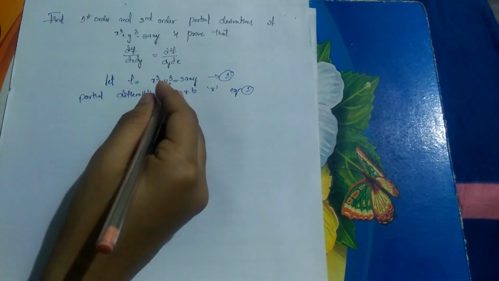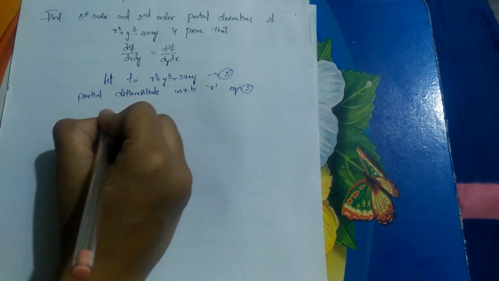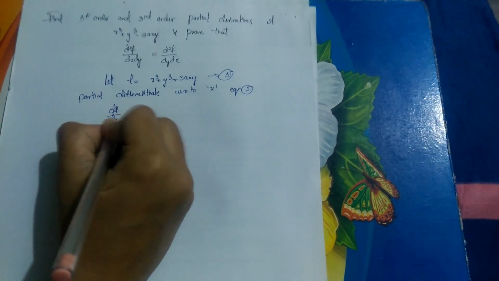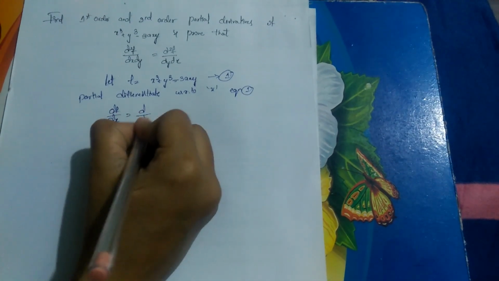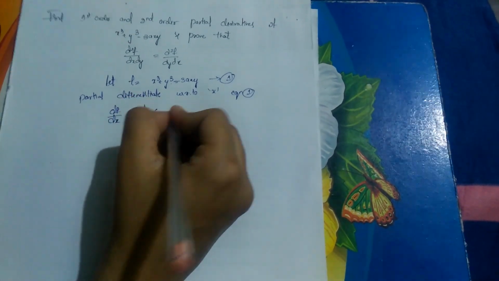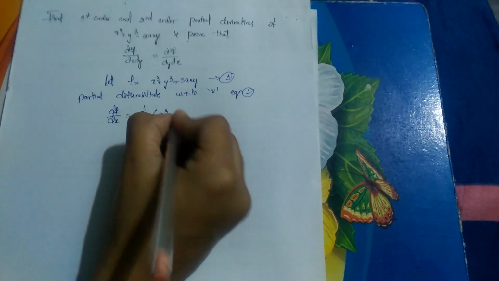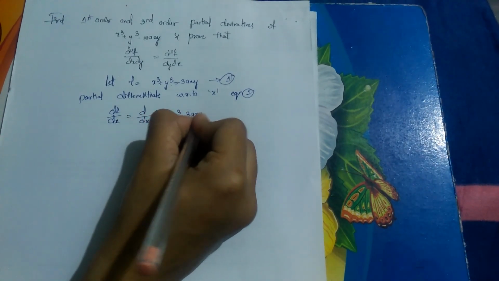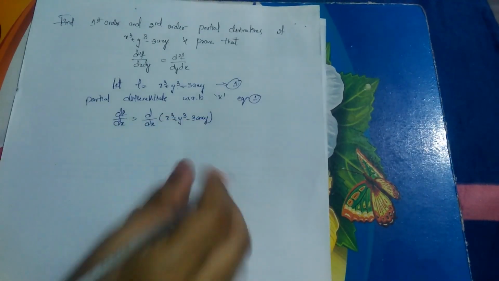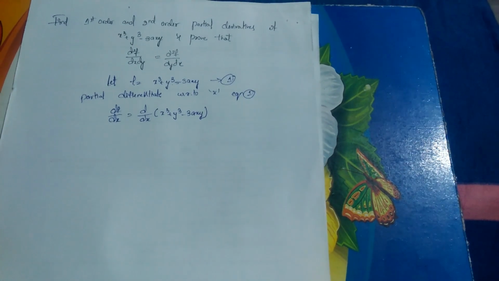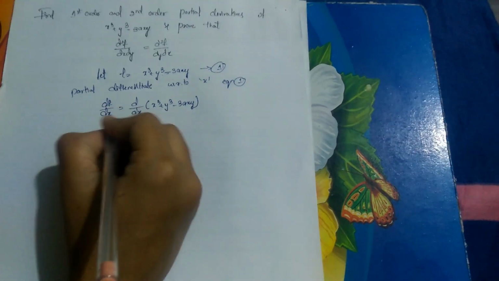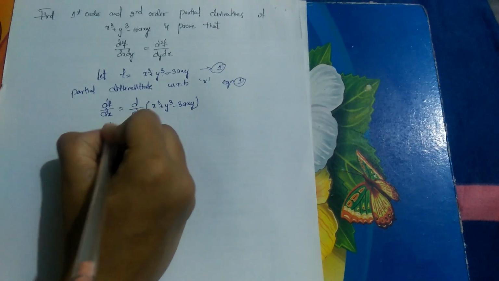Now differentiate this function with respect to x, that is dou f by dou x is equals to dou by dou x of x cube plus y cube minus 3axy. So this is dou f by dou x. Then here now differentiate this function with respect to x.